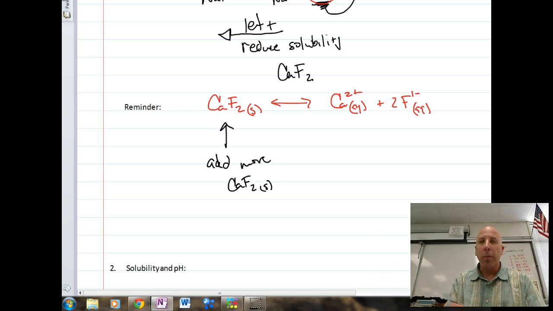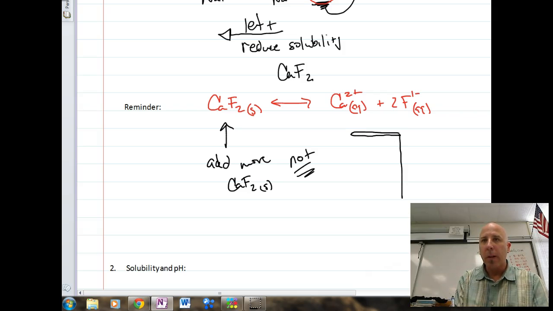That would cause the equilibrium to shift to the right. And the answer is no, that will not cause a right shift.